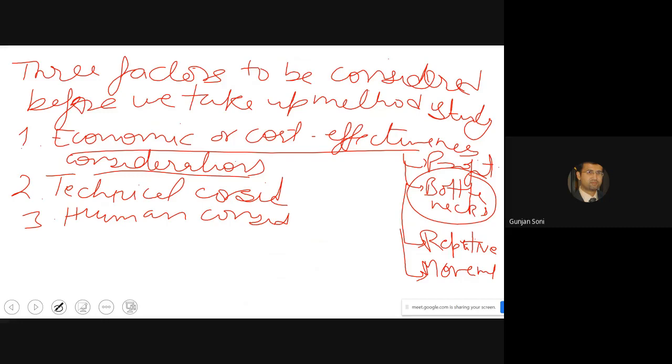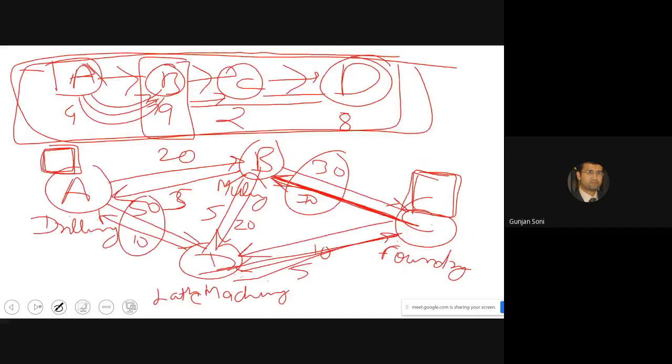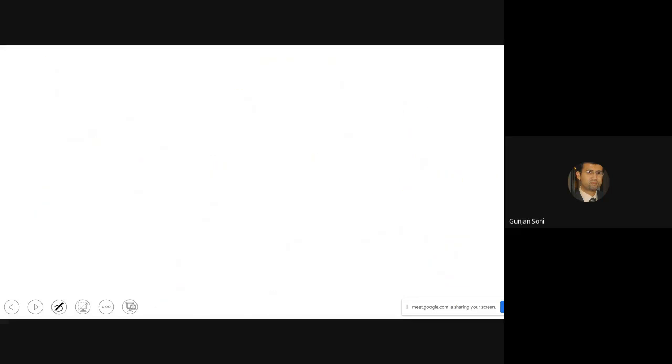So we can always think from that point of view, that these are the four criteria on the basis of which you can think. We can also use Pareto charts. A Pareto chart is identifying the key operations.